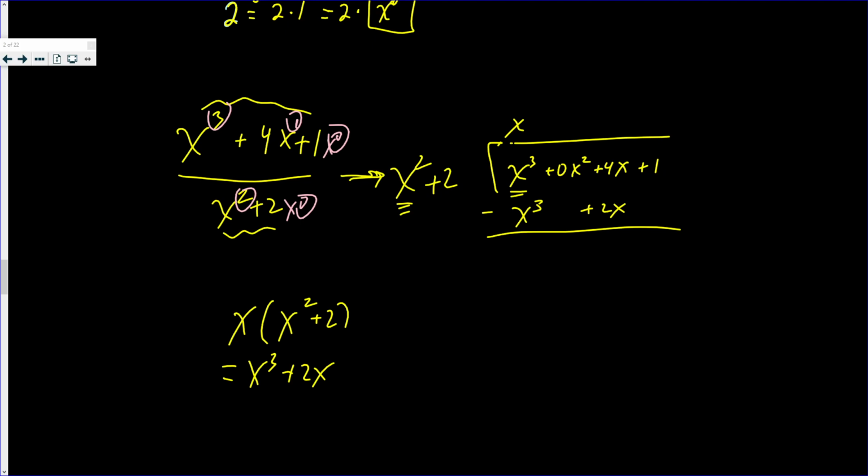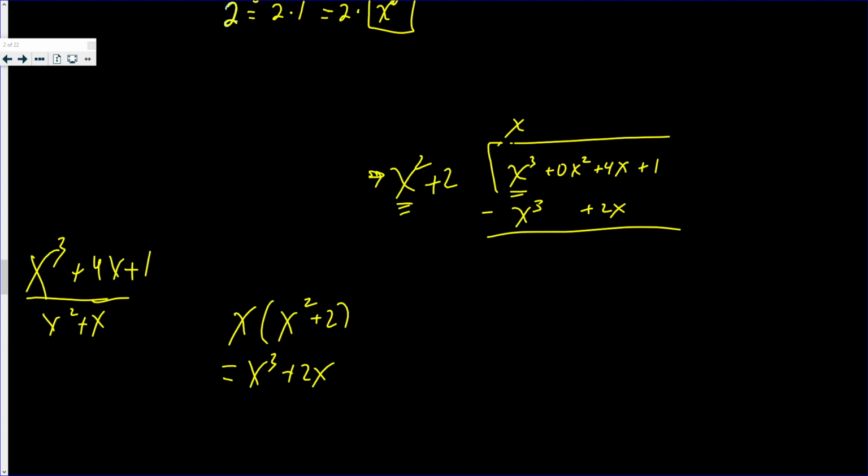So what I'm going to do is change the problem slightly: x cubed plus 4x plus 1 over x squared plus x. That's going to be the problem.